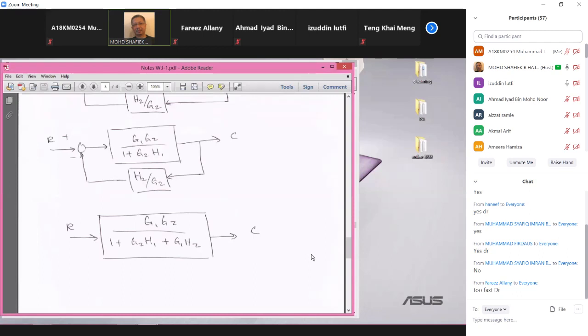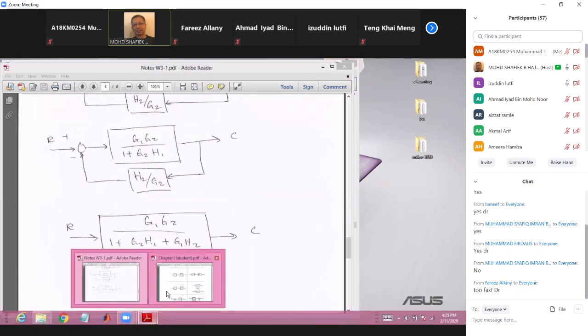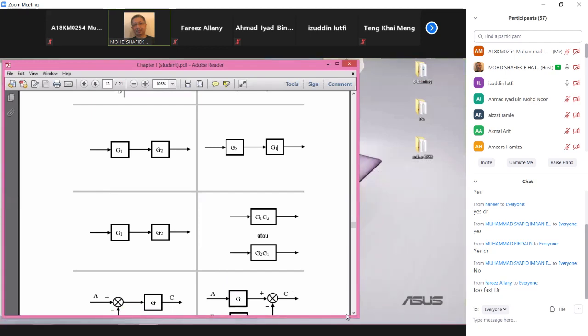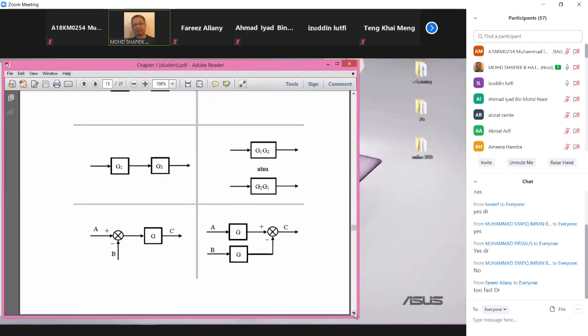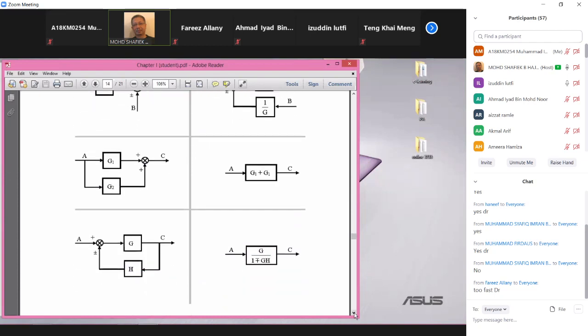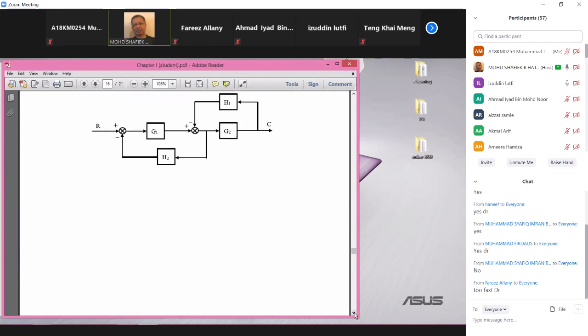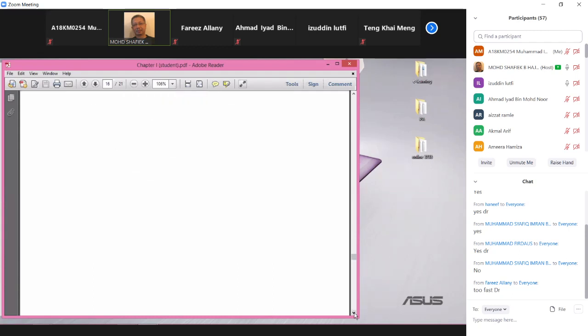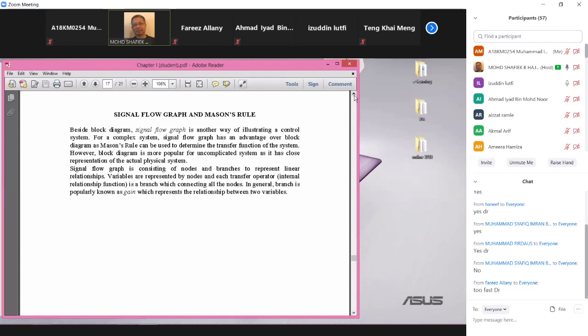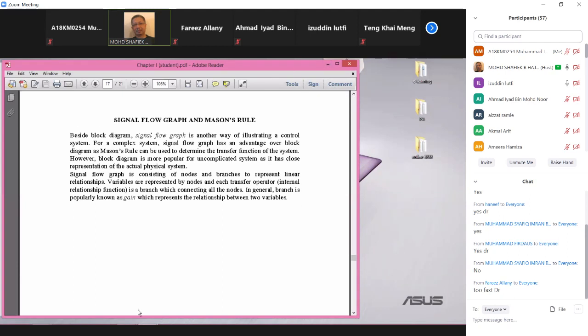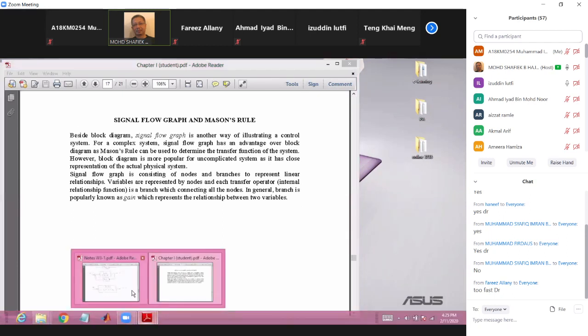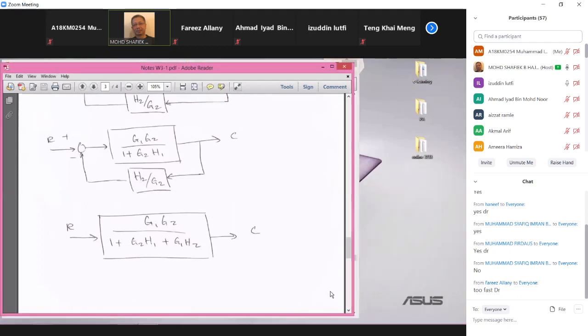Now, this may look simple, but sometimes a simplification of block diagram can be quite complicated. See, I have extracted this. This is not in your notes. There is the last example, I guess, from your notes. Okay, there's no more. I have extracted this from some tests back then. See if you can think what you're going to do.